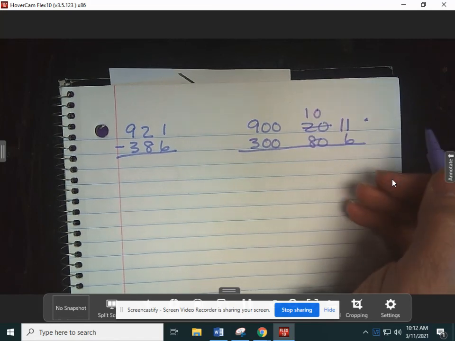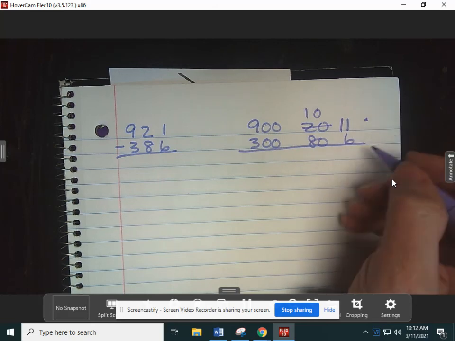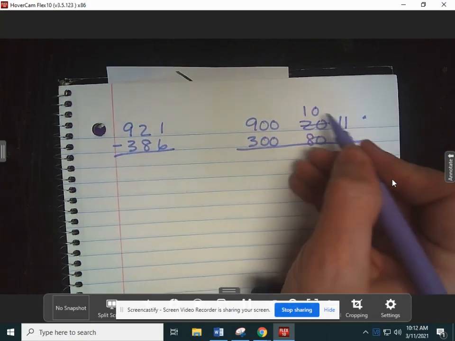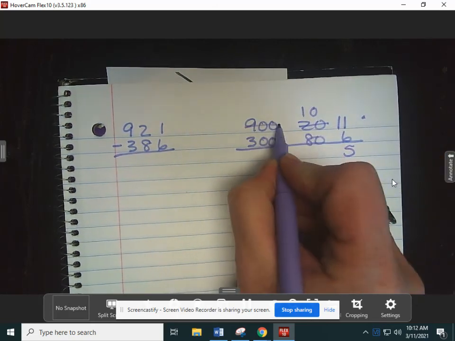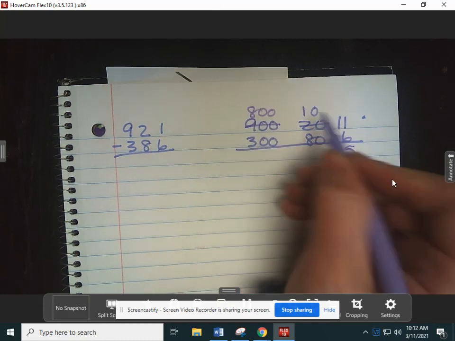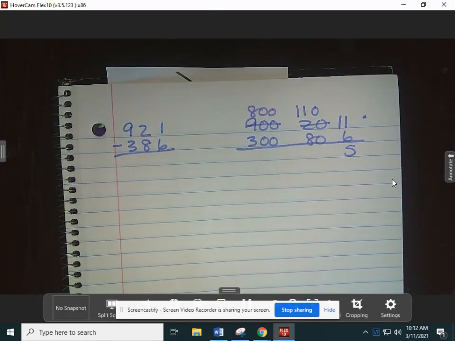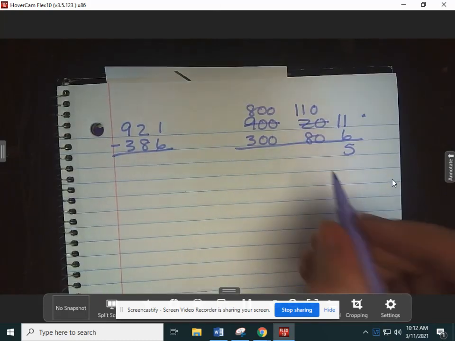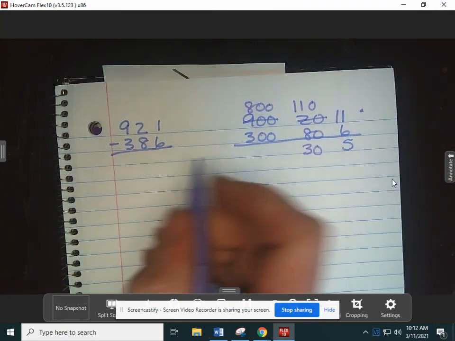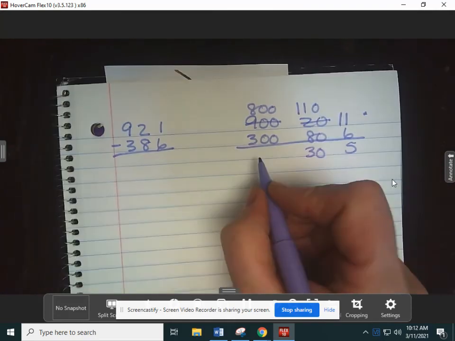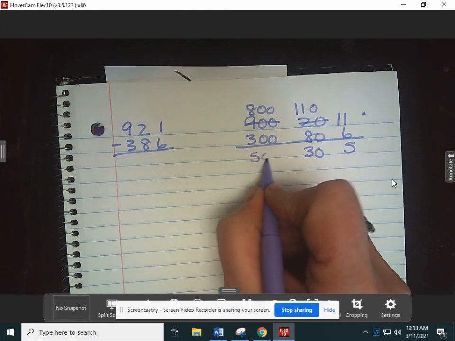Adding it to the 1, so now I have 11. Will, please be quiet. Yep. 11 minus 6 is 5. Now I have 10 minus 80. Doesn't work. I have to grab a 100. Adding it over. 110 minus 80 is 30. 800 minus 300 is 500.